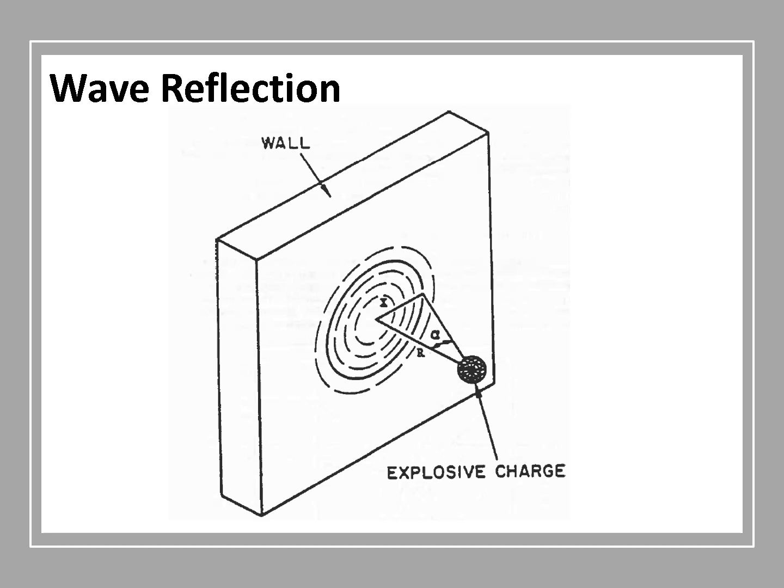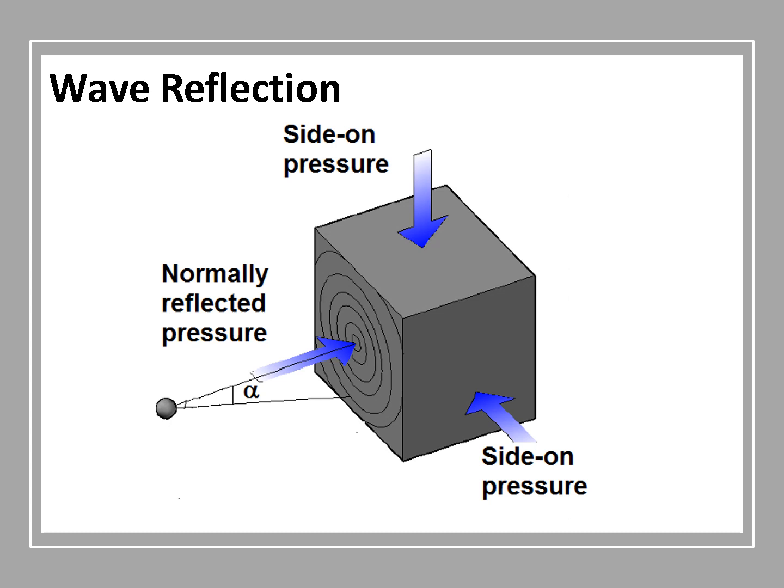The point of initial contact is said to sustain the maximum, normal reflected, pressure. This is defined as face-on loading. On the other hand, when alpha equals 90, there is no reflection and the plane of structure's surface is perpendicular to the wave front. The target surface is loaded by the incident overpressure. This is referred to as side-on pressure.